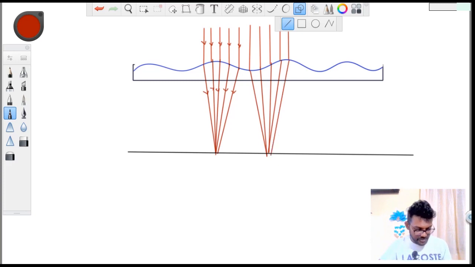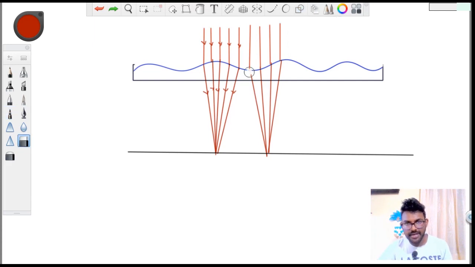There will be a certain amount of light falling down, but it won't be as bright as at a crest. The rays can fall down here, but they are not concentrated to a single point. So we have some bright regions and some dark regions. These are the bright regions, and there are some darker regions in the middle between two bright regions.